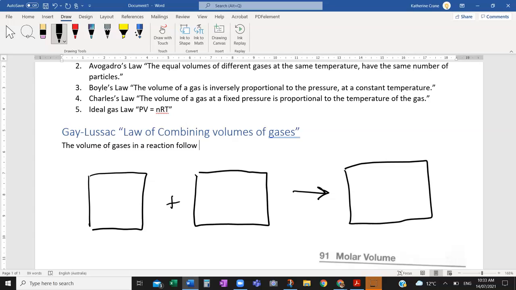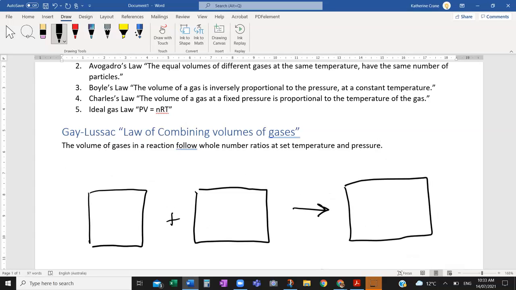They follow whole number ratios, the ratios of a balanced equation.